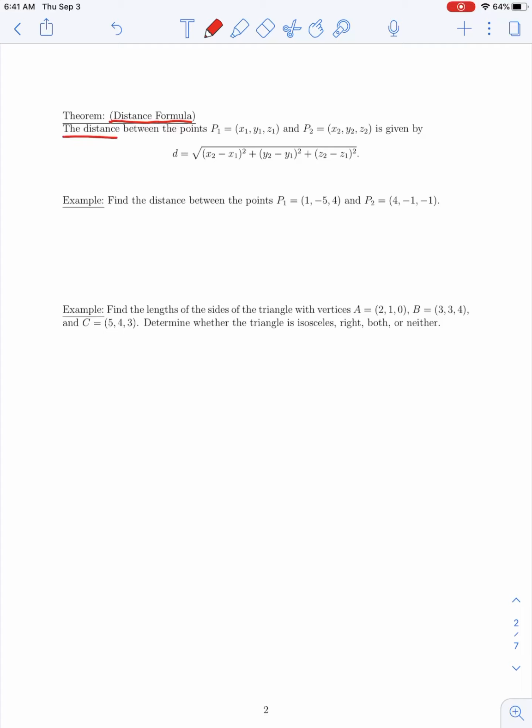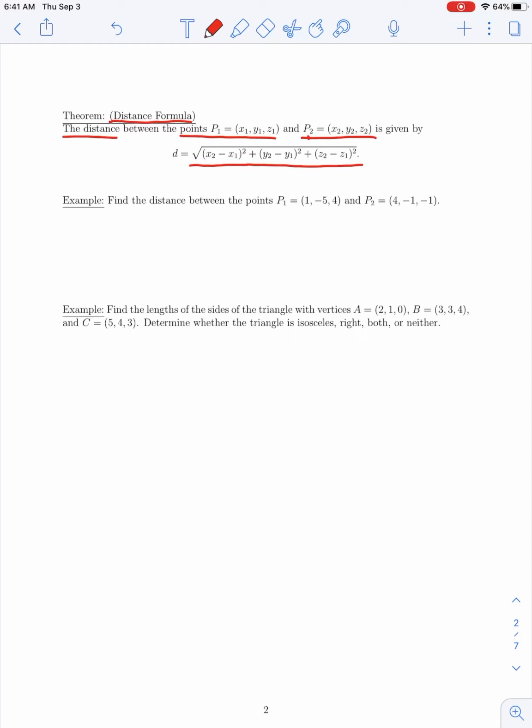The distance between the points P1, which has coordinates x1, y1, and z1, and a point P2, which has coordinates x2, y2, and z2, is given by the square root of the sum of the squares of the differences between the x, y, and z coordinates for these 2 points.